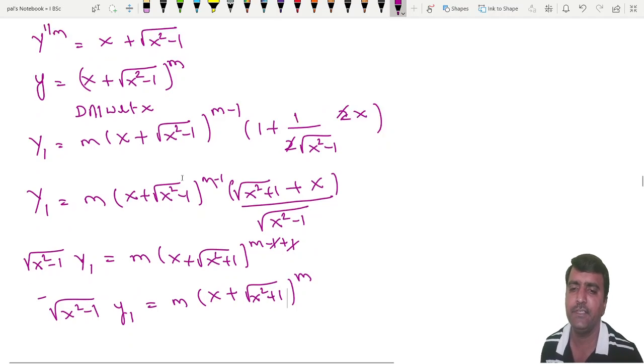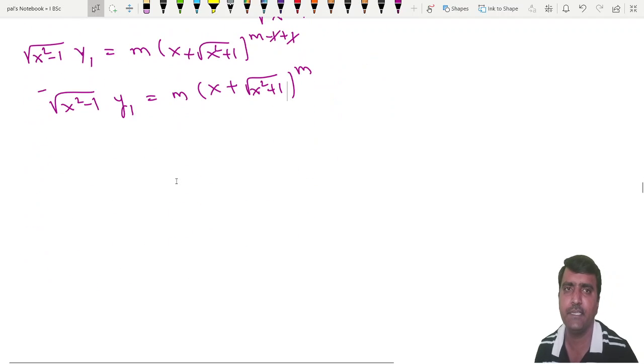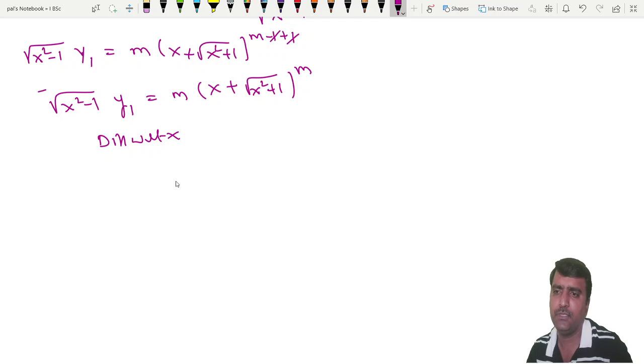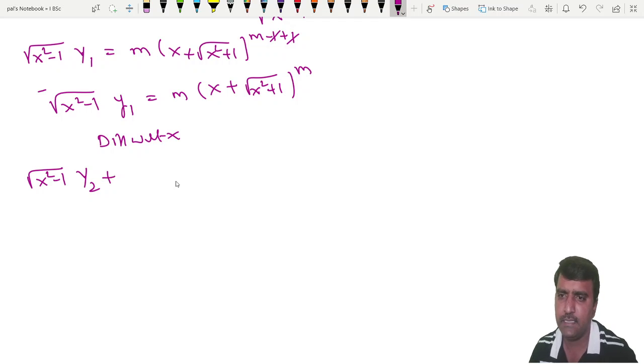So again we need to differentiate this with respect to x. I need y2. Okay, so differentiate this with respect to x. So root of x square minus 1 into differentiation of y1 is y2 plus differentiation of root of x square minus 1 is 1 by 2 root of x square minus 1.